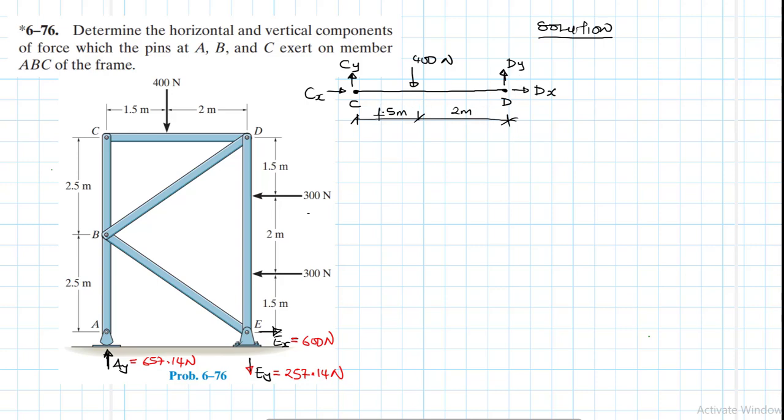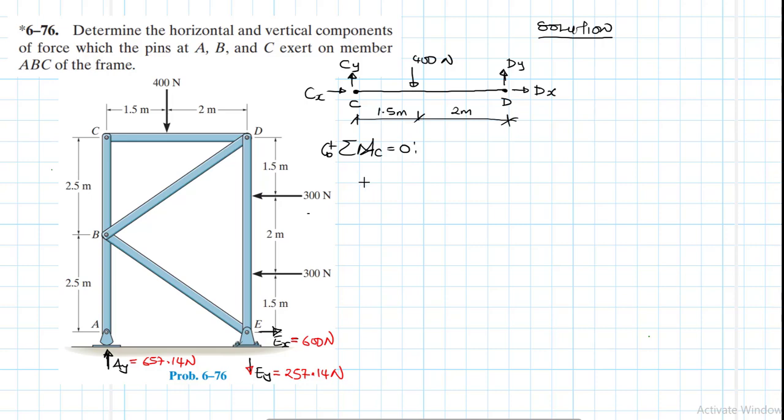So let's compute our vertical components. I'll take moments about C, summation of moments about point C equal to 0. So what do I have?